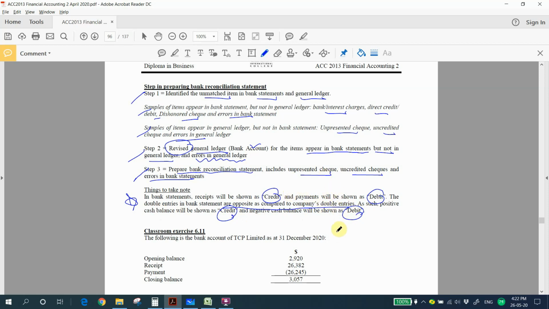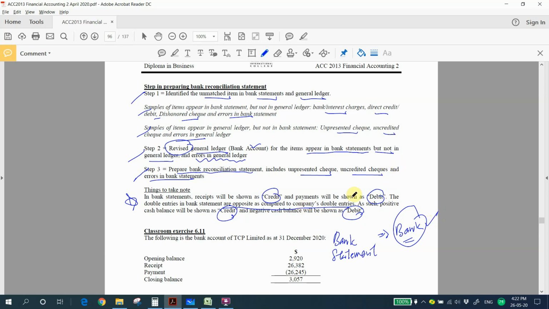The bank statement is prepared by the bank, so the double entry will be presented from the bank's point of view.